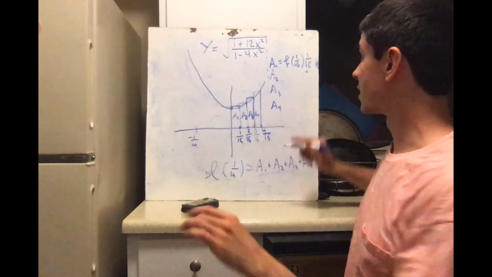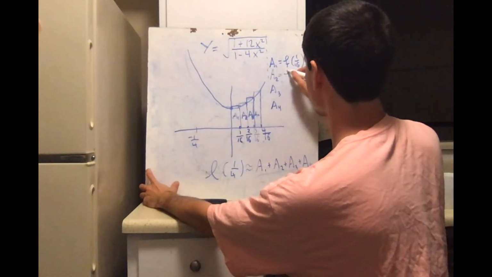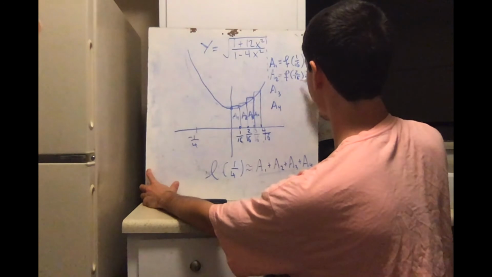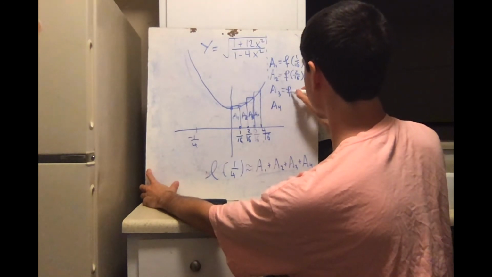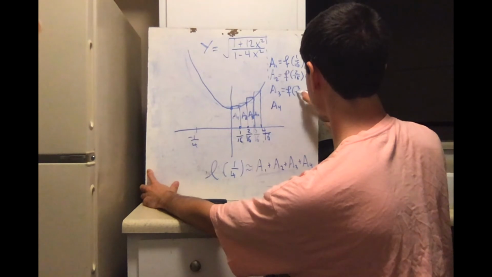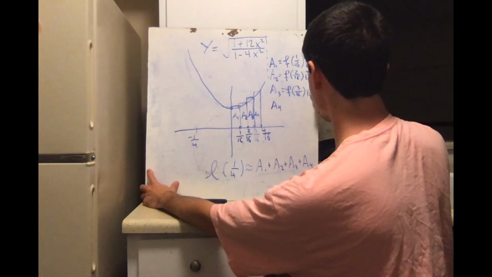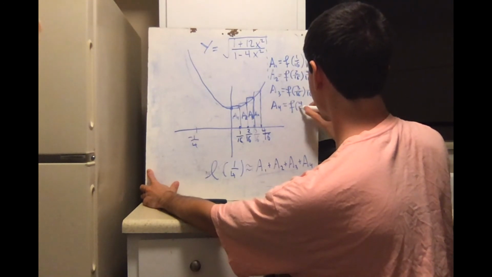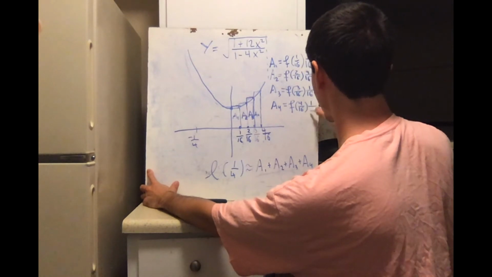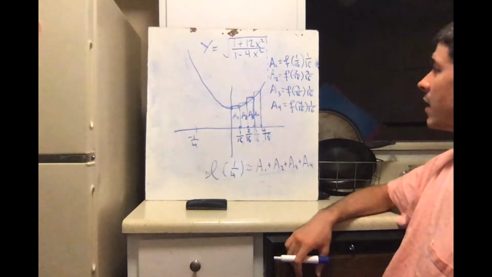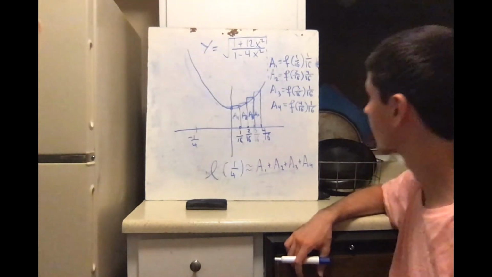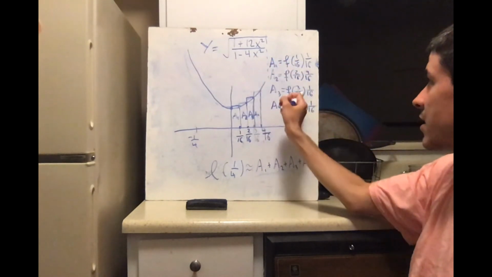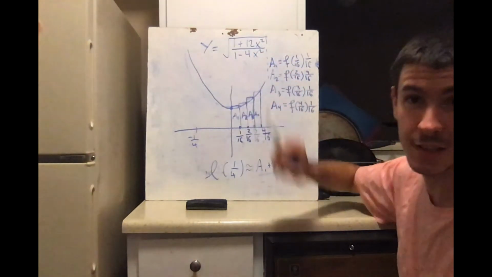Similarly, A2 equals f of 2/16 times 1/16, A3 equals f of 3/16 times 1/16, and A4 equals f of 4/16 times 1/16. Now we can evaluate all these expressions. Just plug 1/16, 2/16, 3/16, 4/16 in for x in each of these places.